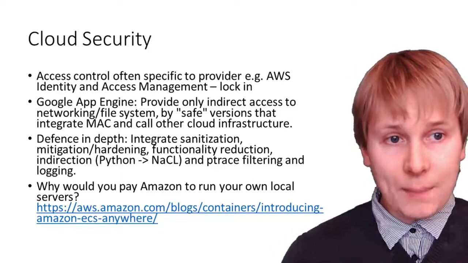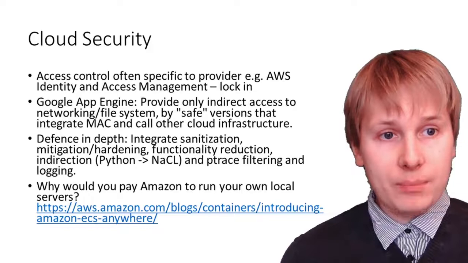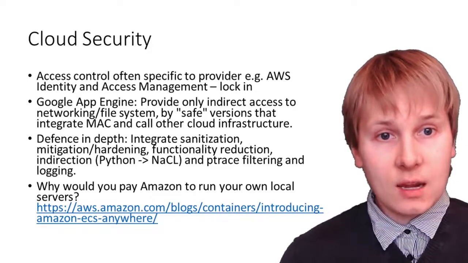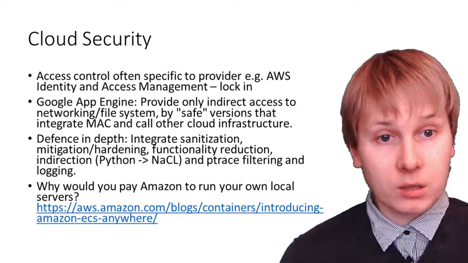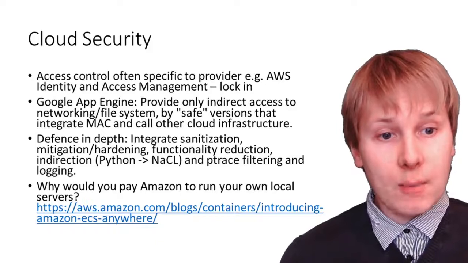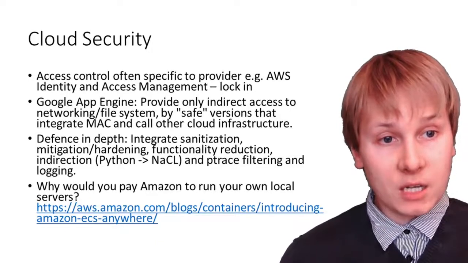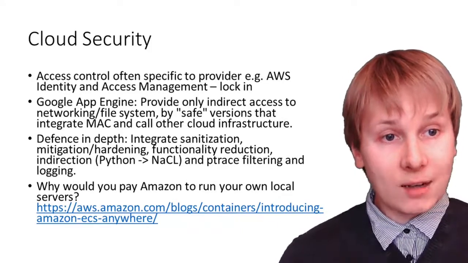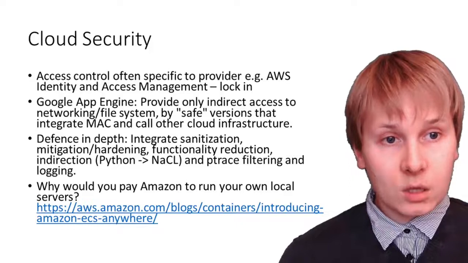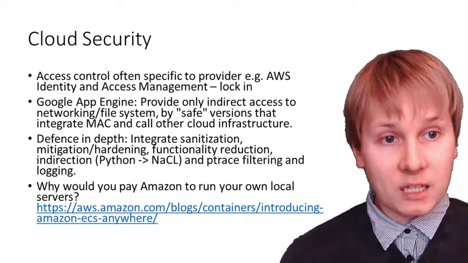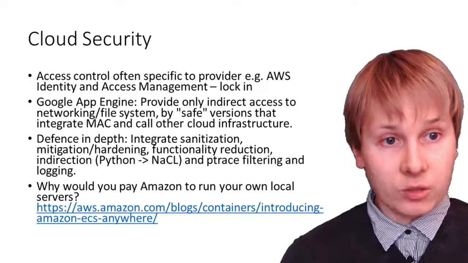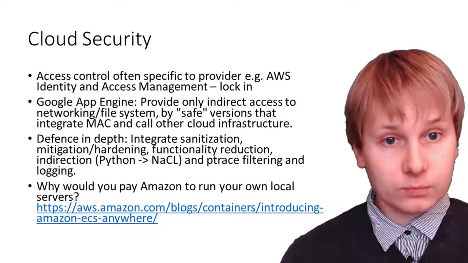In the Google App Engine, they run their Python code inside a NaCl or SALT sandbox to reduce the amount of bugs that can occur in there in terms of privilege escalation and memory safety, as well as tracing and logging via ptrace to capture and alert on any unexpected syscalls that appear out of this NaCl sandbox.